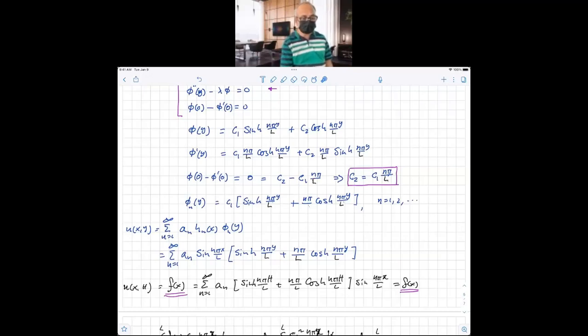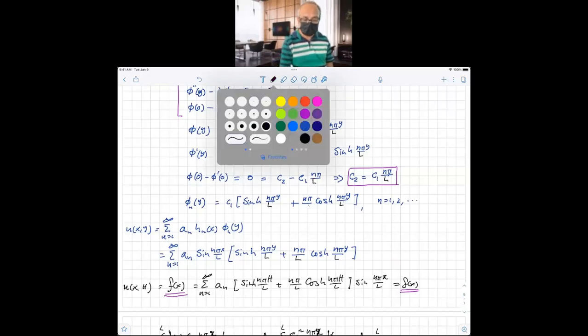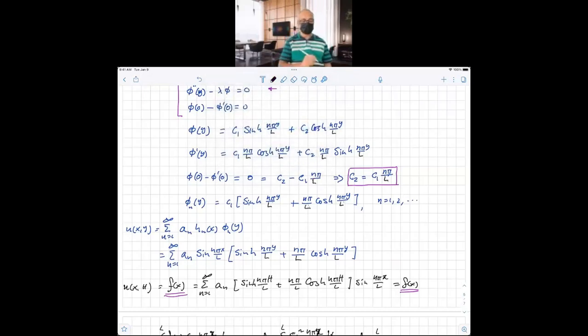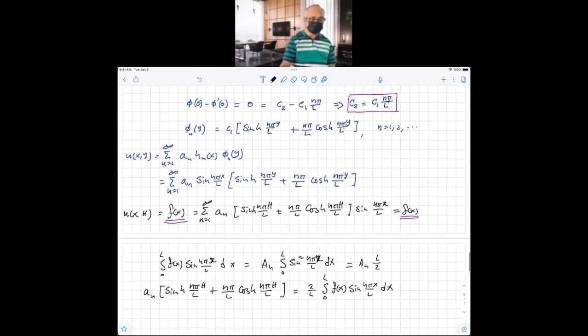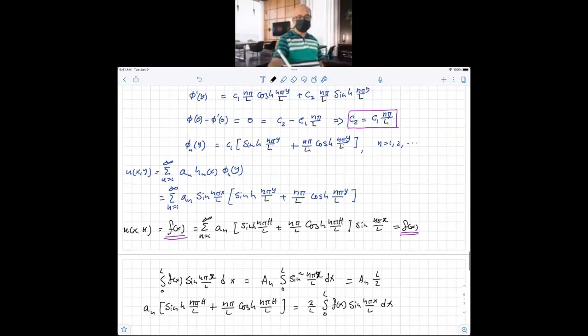If I substitute back those coefficients here, I have an eigenfunction phi n, and I have C1. Once you have that, you put that back into here, and you see that I have h times phi.